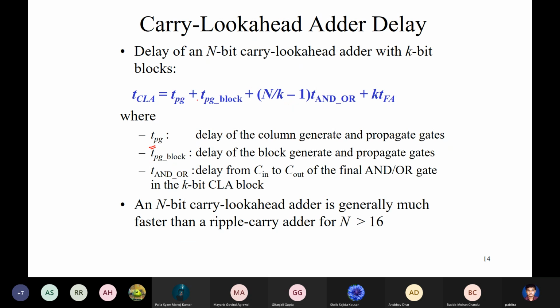So the final thing, as you can see, if you have K blocks, the delay is reduced by K, with this additional ripple part that will be there. So there is a huge reduction.